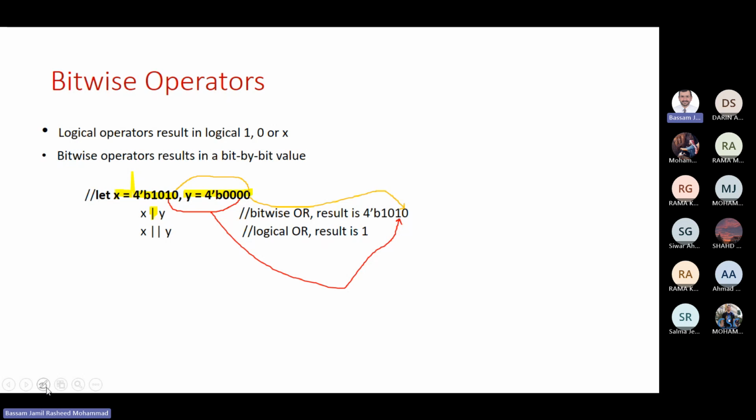And then I am going to OR this 0 with this 0, and the result will be a 0. And then I am going to OR this 0 with this 1, and the result will be a 1. This is how I do a bit by bit ORing.